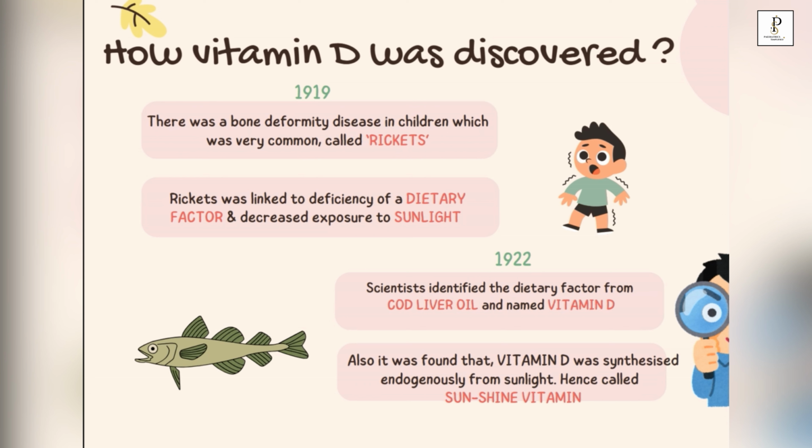Later in the year 1922, scientists identified this dietary factor from cod liver oil and named it vitamin D. They also found that when sunlight fell on the skin of an individual, it synthesized vitamin D also. That's why it is called the sunshine vitamin.